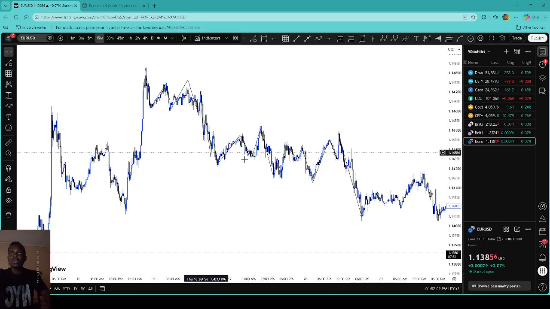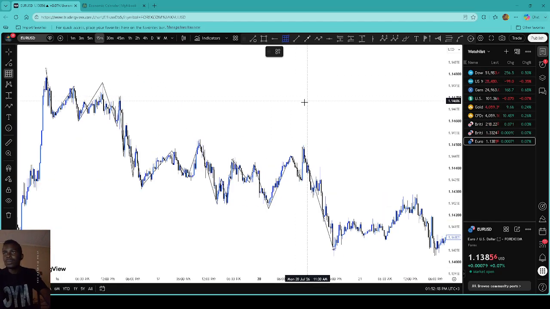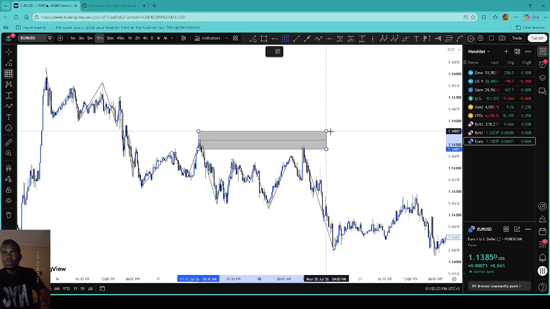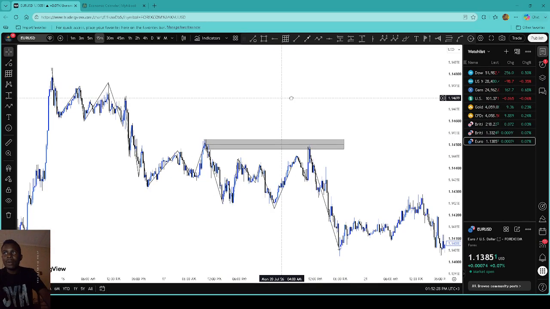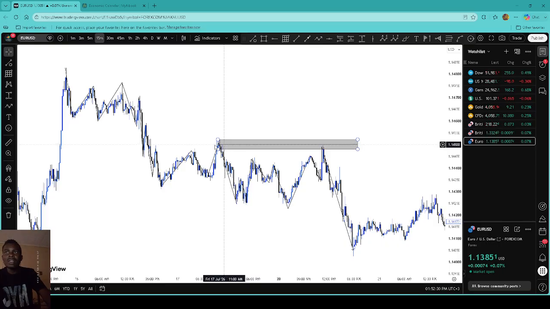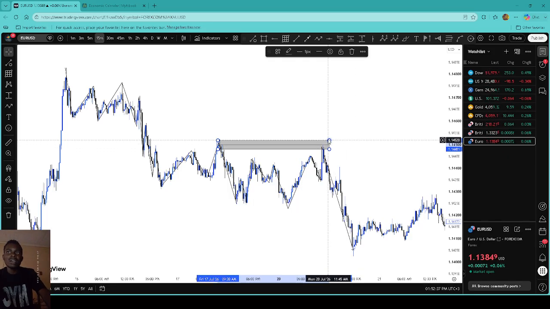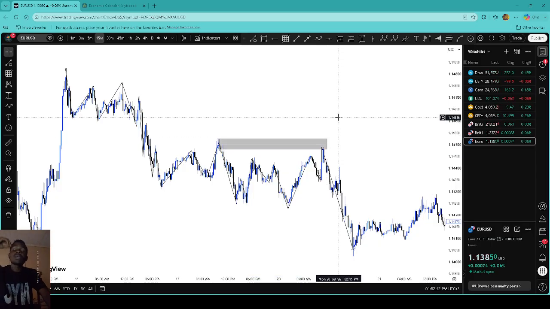Now we are going to focus only on this area. As we focus on this area, this is what happened. We had this point where price came and tapped into. As you can see, price bounced off this point over here, this one becoming now the supply area, the bearish order block.